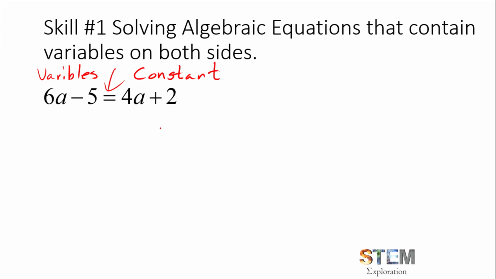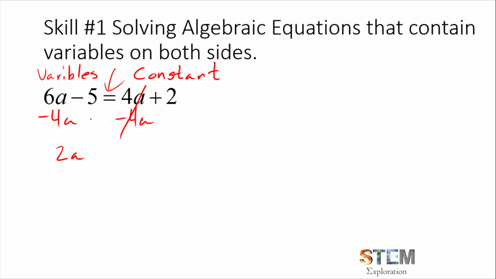With this given example, I see that a is my variable, so everything that contains a variable is going to be on this side. The 6a stays, but the 4a over here needs to move to the other side, and then those would cancel out. 6a minus 4a is going to be equal to 2a. Then I have negative 5 and 2.